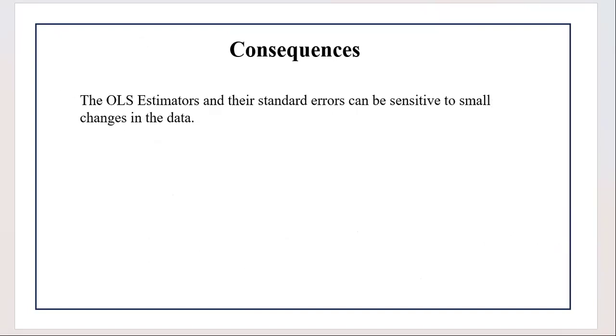And the final consequence will be the OLS estimators and their standard errors can be very sensitive to small changes in the data. So if you increase the X value by a very small amount, then also the standard errors and the OLS estimators will be very sensitive. Sensitive means they will fluctuate a lot.